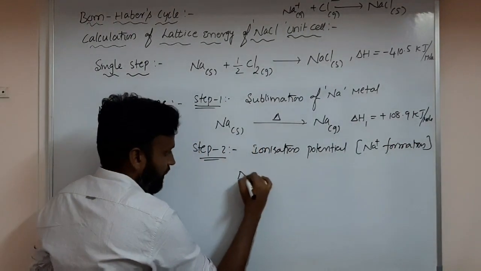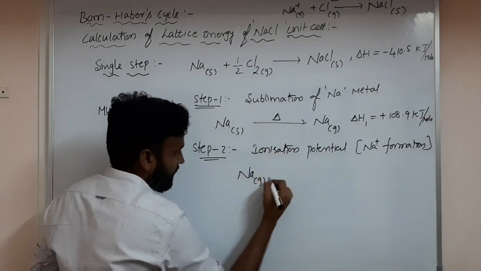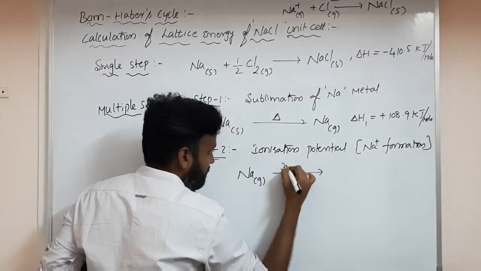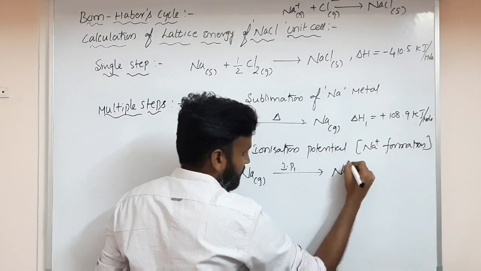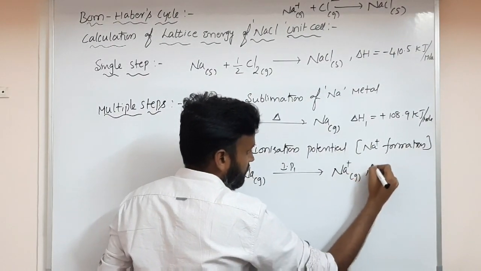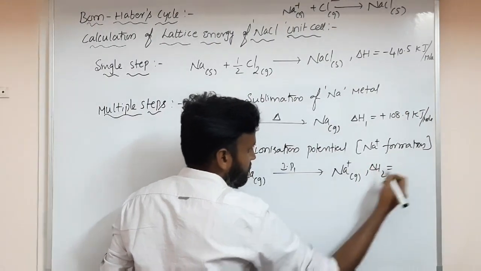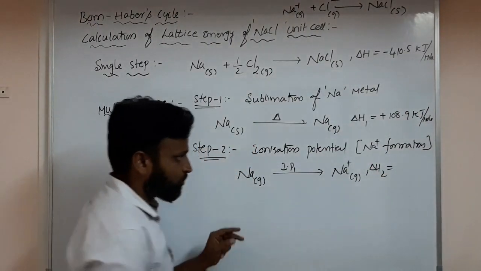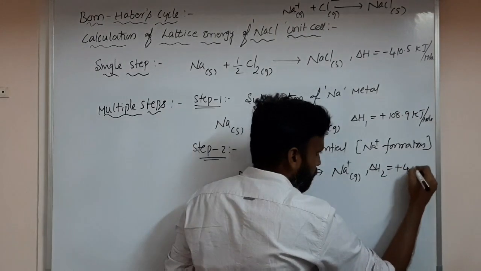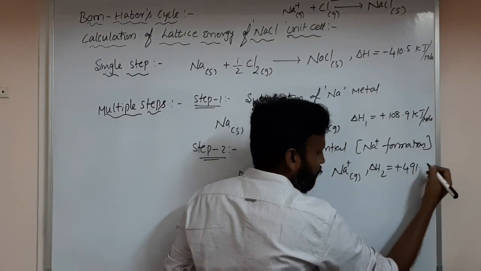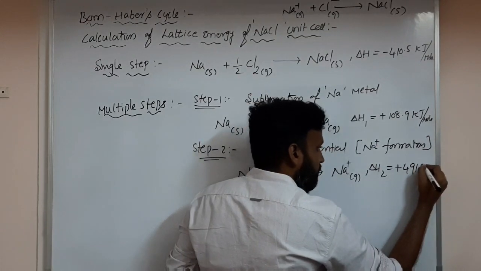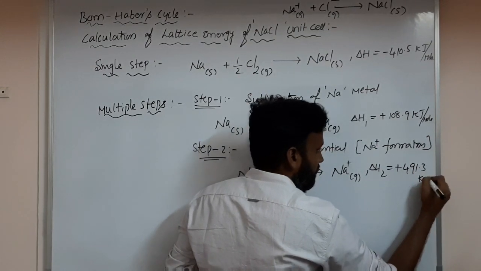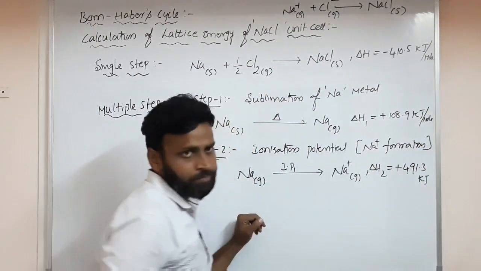So Na, now in gaseous state, will take ionization potential 1 and turn to Na plus gas, and for this delta H2, because it's the second step, is also 491.492 something like that, or 491.3 something kilojoules. These values we have to remember.